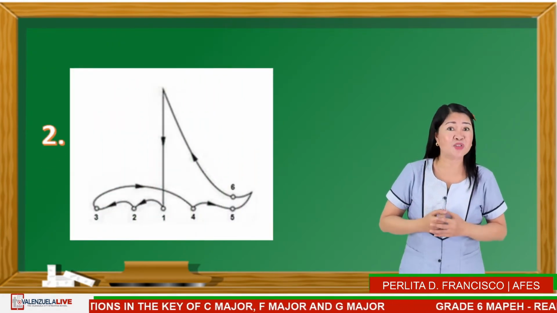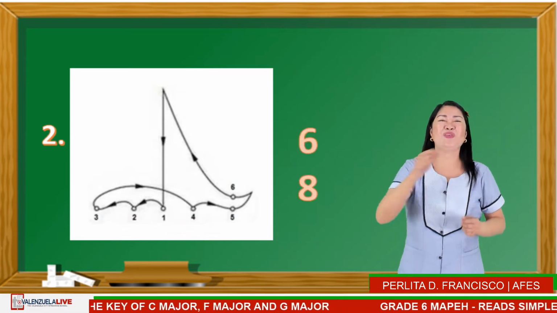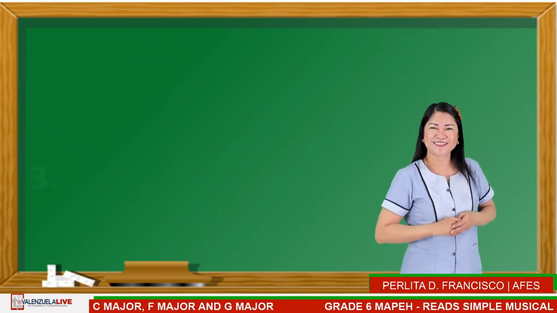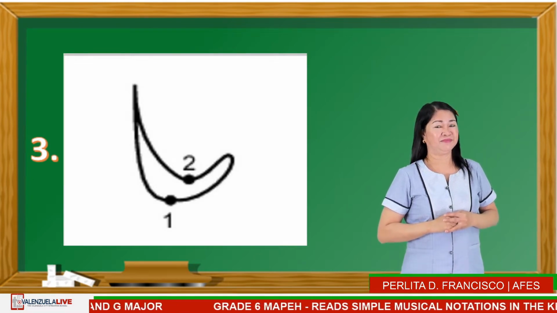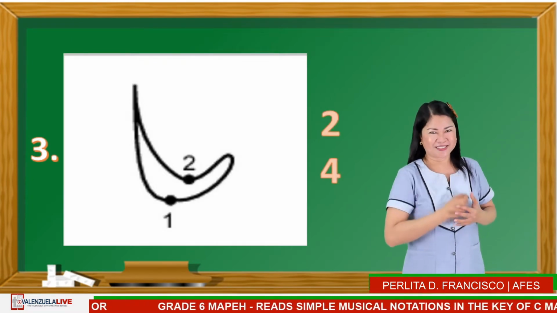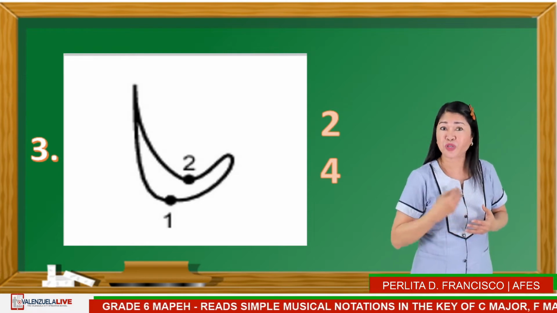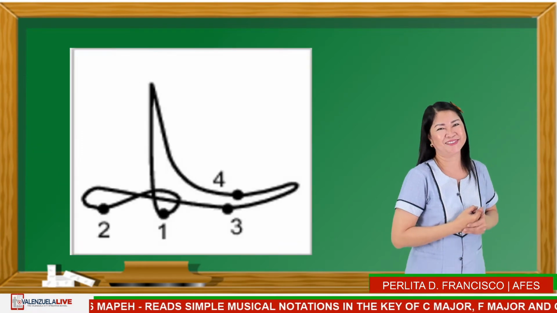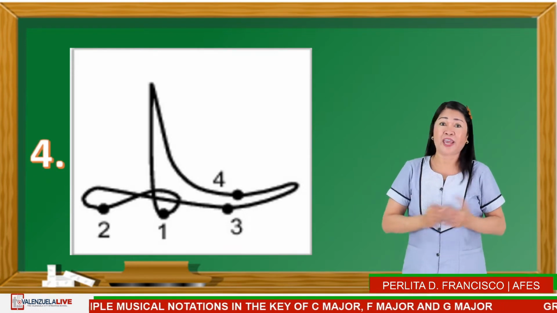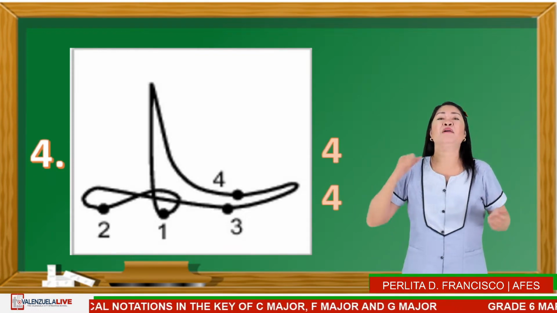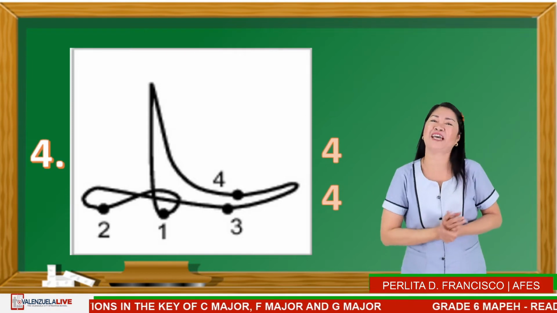So if your answer is 6-8, you are correct. Number 3. Correct. It's 2-4 pattern or 2-4 time signature. Next, number 4. Any other answer? Very good. It's 4-4 time signature.